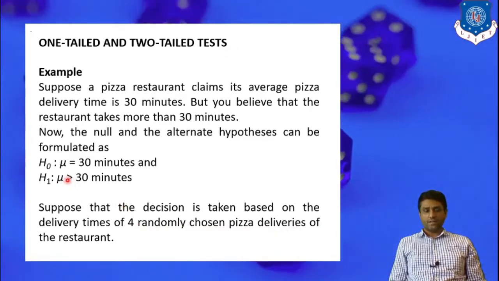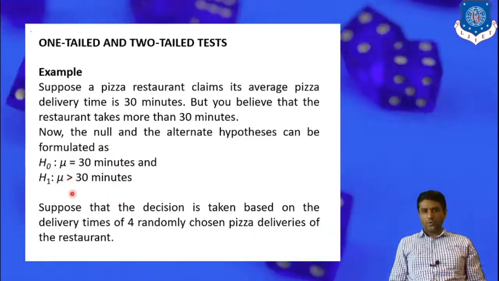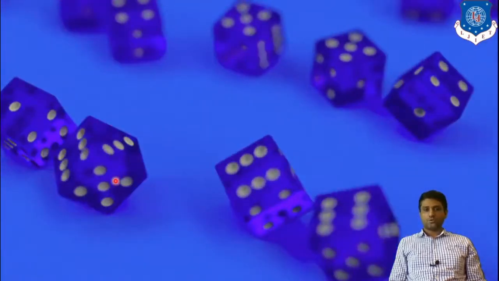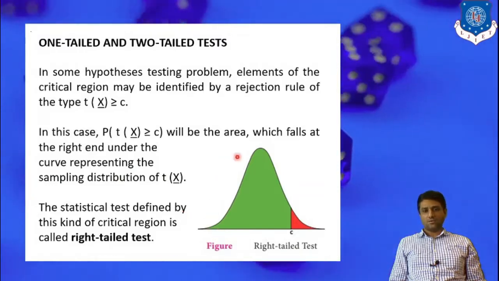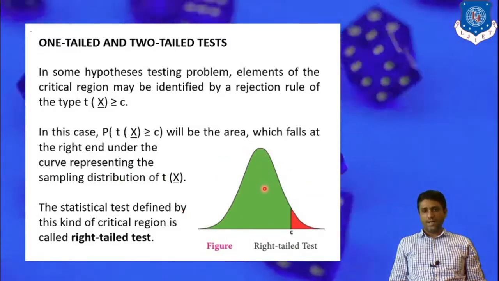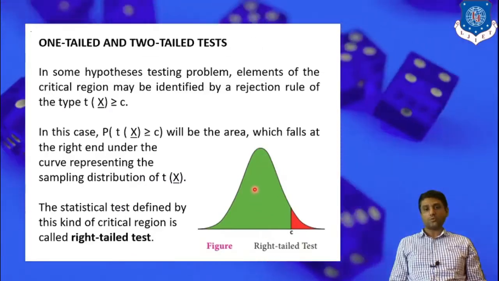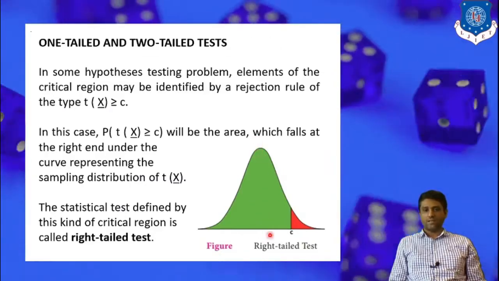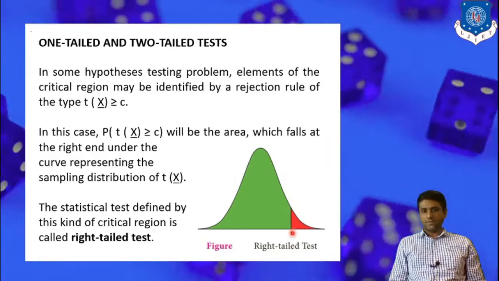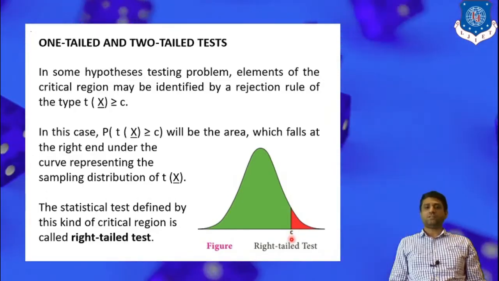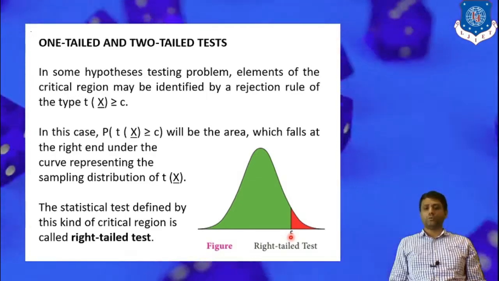Here I have to interpret this from the previous slide. This is the normal distribution and the middle line is known as the mean. In this case, mu is equal to 30, that is the average time is 30. The constant C is replaced by, say, exceeding 30, so we consider greater than or equal to 31.